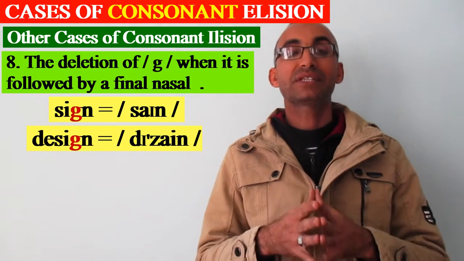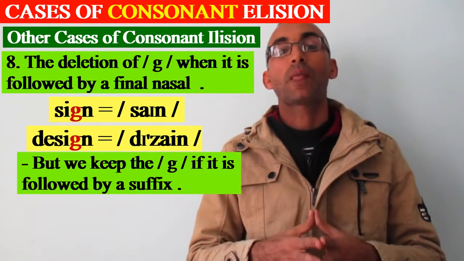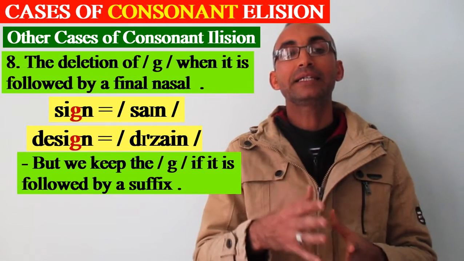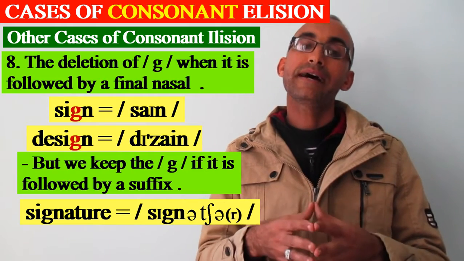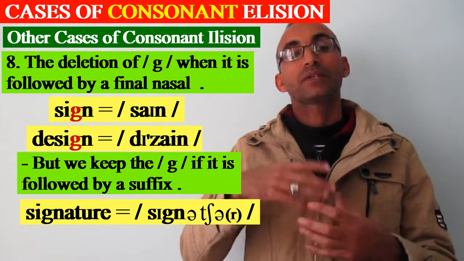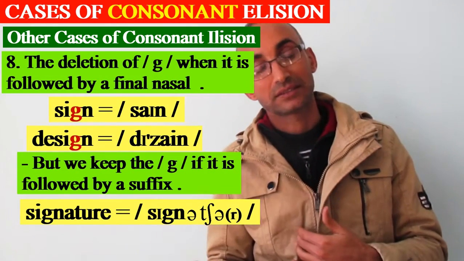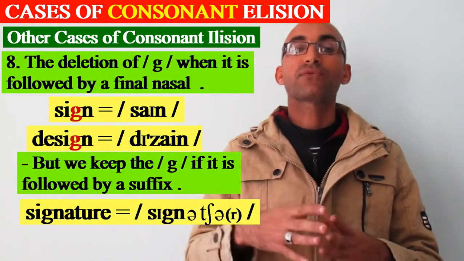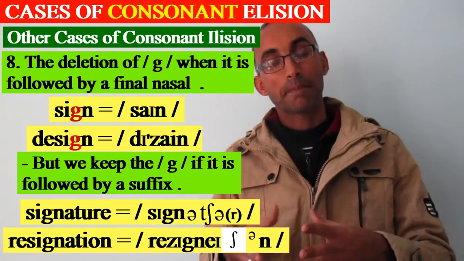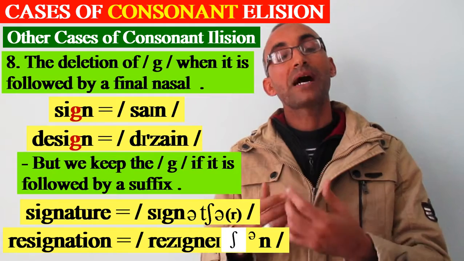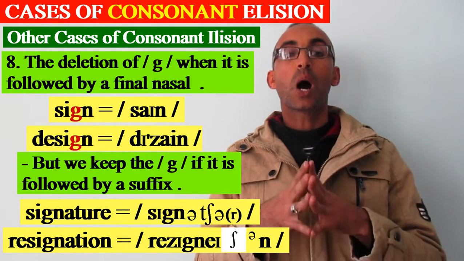But be careful, if this ga is followed by a suffix, it's not omitted, it is kept. Like in signature. So here I have ga, after it na, but what comes after it is a suffix. Clear? Also for designation, I have ga followed by nasal, but it's followed also by shin, suffix shin. That's why it is kept, not omitted.